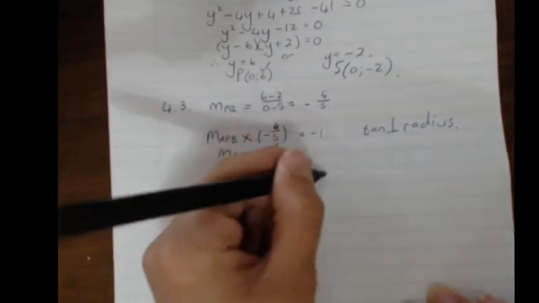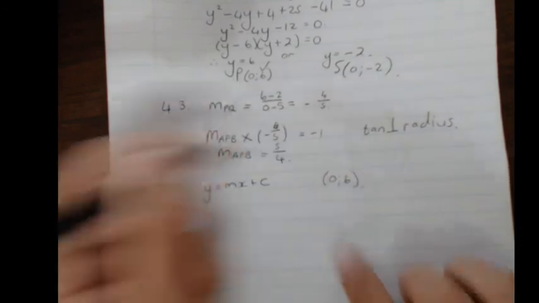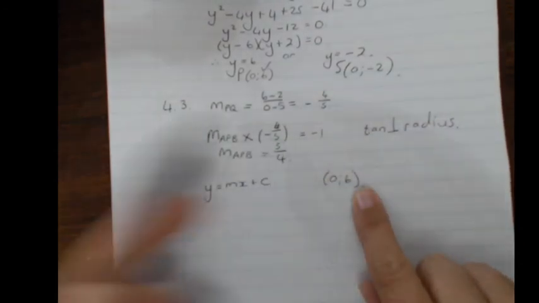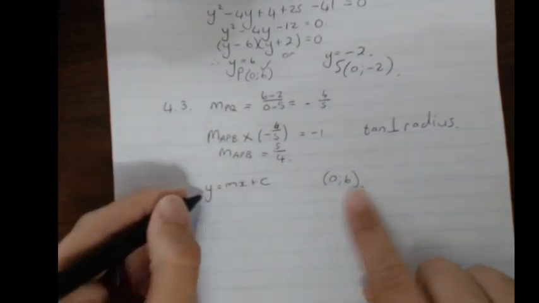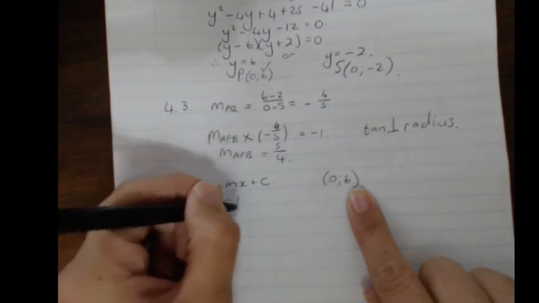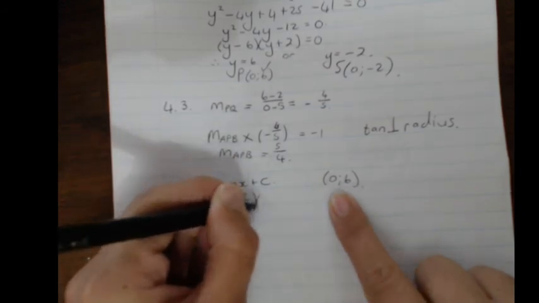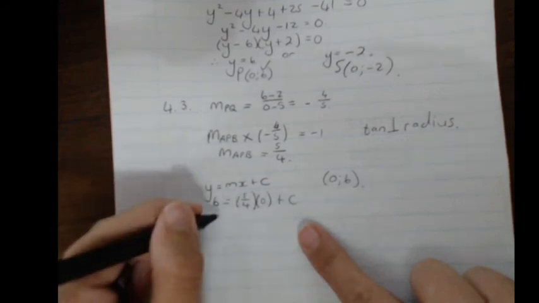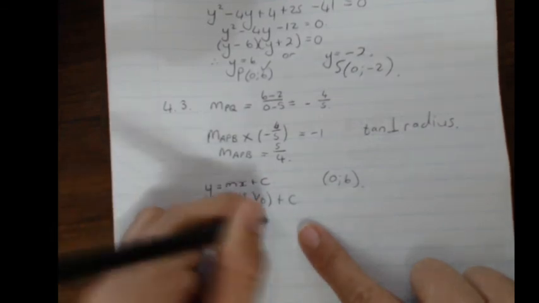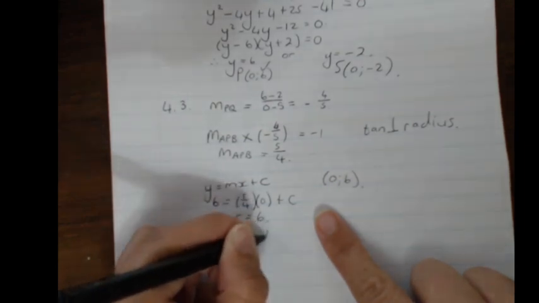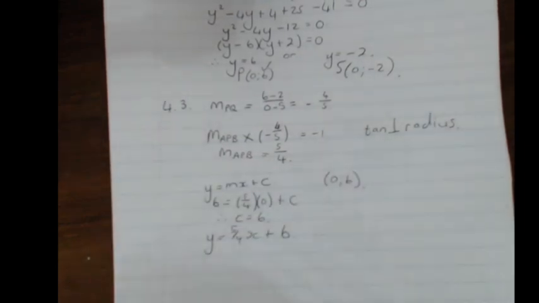Through the point of tangency 0, 6, I'm going to make x 0, y 6, and m 5 over 4 in this equation. y is 6, m is 5 over 4, x is 0 plus c, and then this becomes 0, so c is 6. So y is equal to 5 over 4 x plus 6. There's the equation of my tangent.